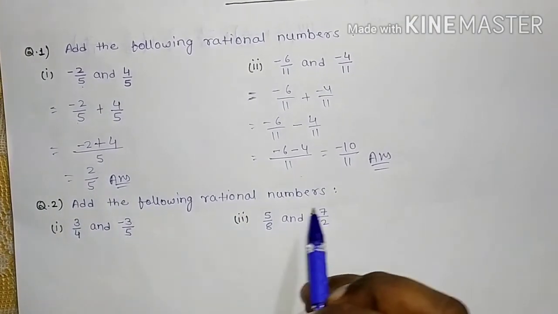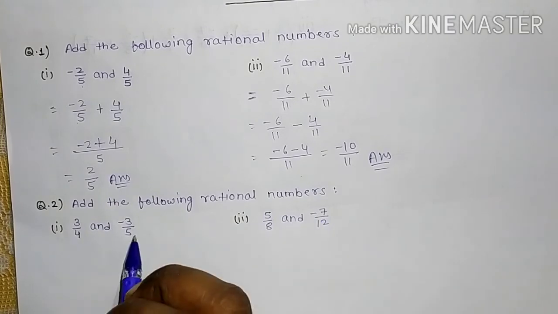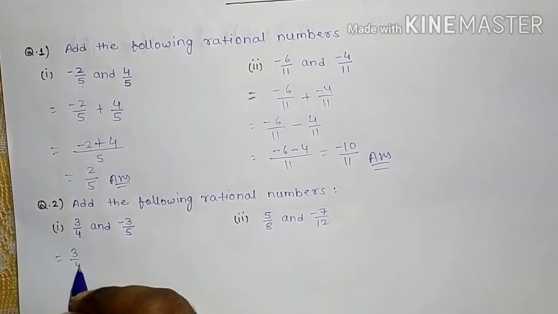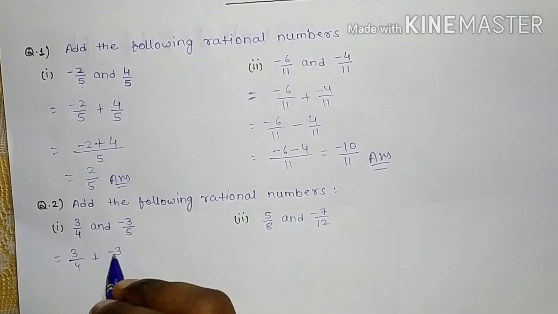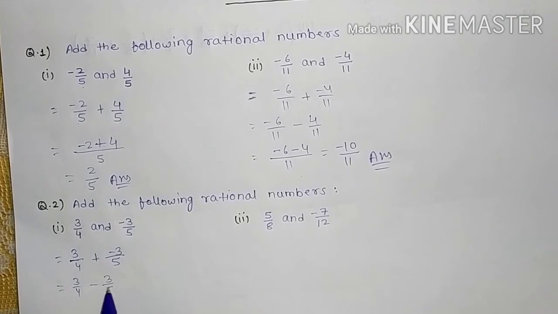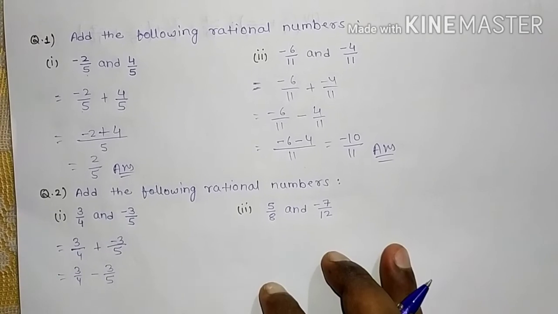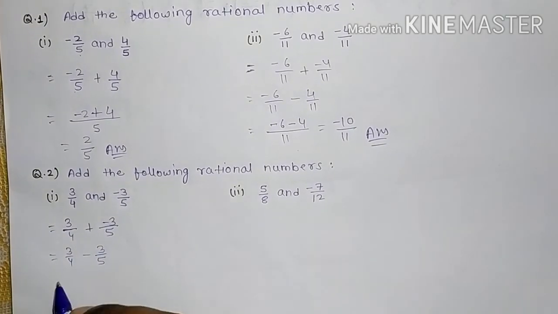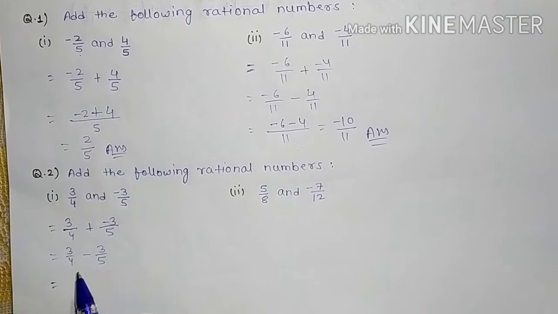Now the next question, that is, add the following rational numbers. Here two numbers are given, 3 by 4 plus minus 3 by 5. The next step is 3 by 4 and plus into minus, that becomes minus, so minus 3 by 5. Now the next step is, here 3 by 4 and minus 3 by 5, two numbers whose denominators are 4 and 5.